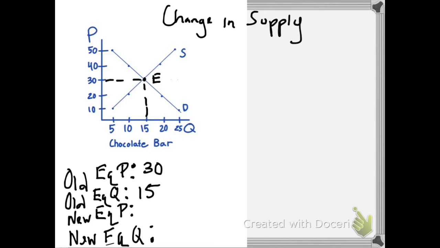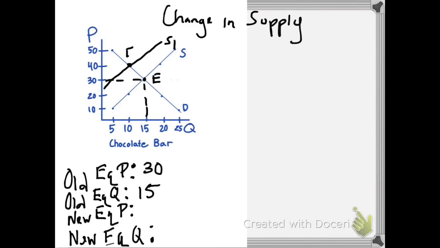Because the price will be higher in the future, supply is going to be held back, meaning it's going to decrease. This line shifts up, changing the equilibrium point to right here.